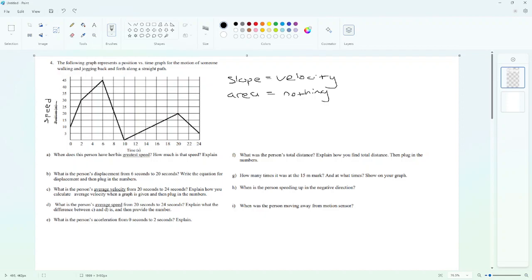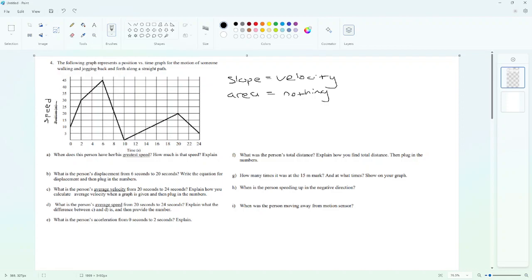Well, that would be correct if this was asking for greatest velocity. Notice that this is upwards. This is positive, right? This, among the positive slopes, is going to be the greatest. This right here would be negative, so it would have a lesser velocity than this one.